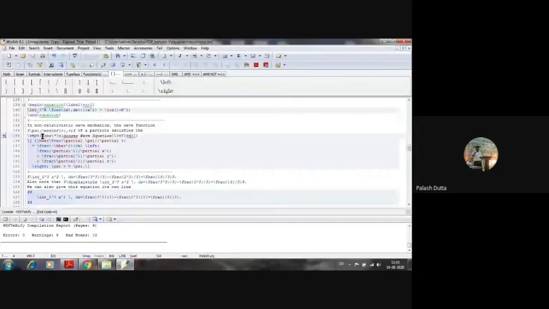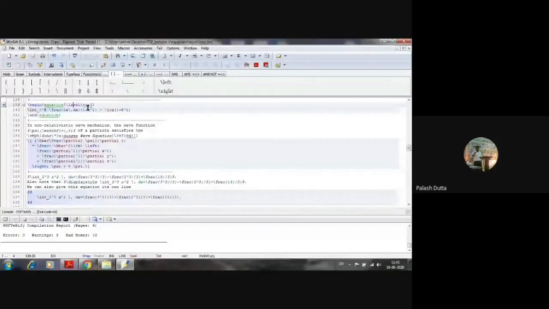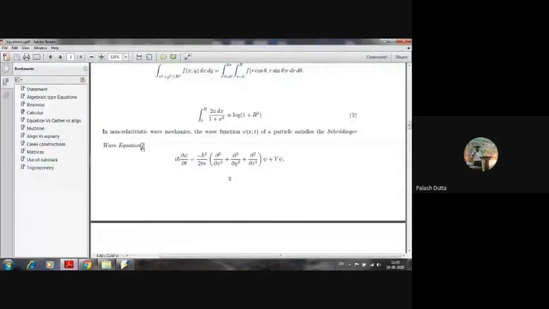I have referred to the equation here: in the above equation I used a label, equation 1, and I refer to it here. That's why you can see equation 2 occurs, because I labelled this equation and then referred to it here, just to show how we can refer to an equation.